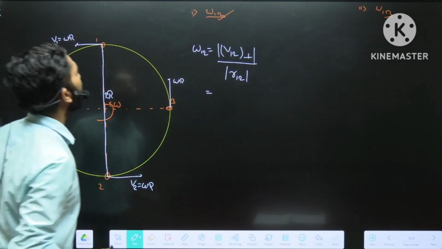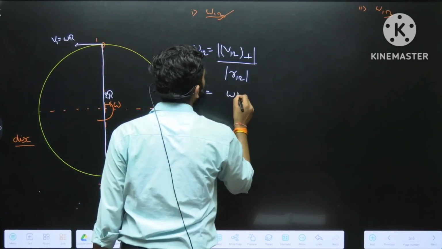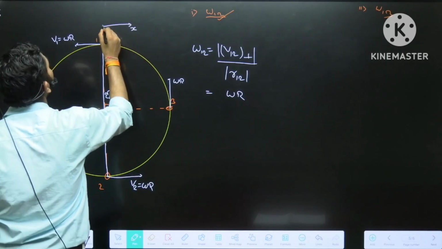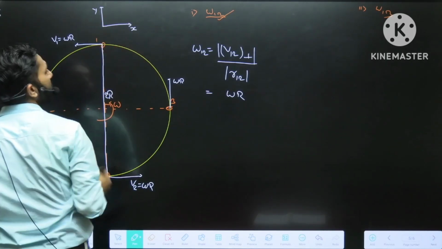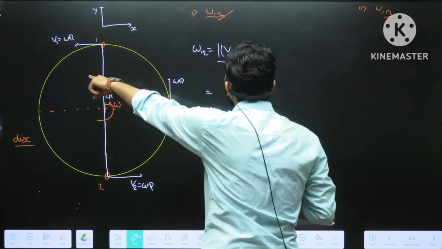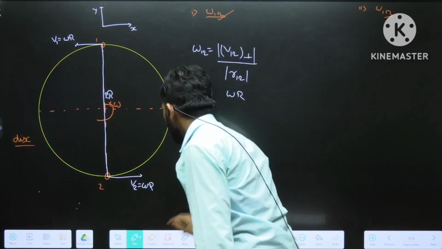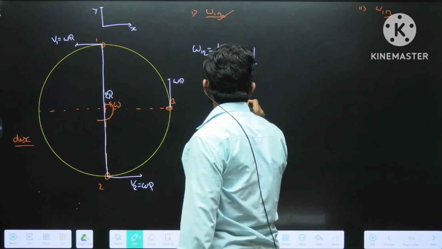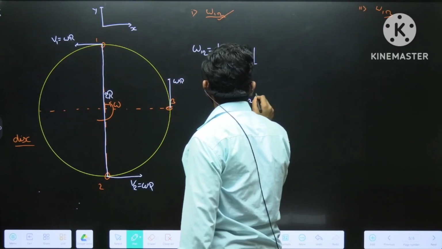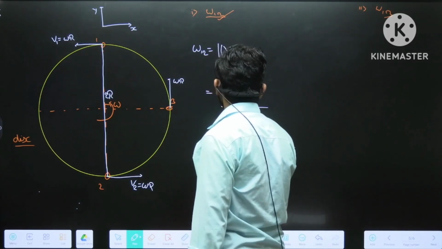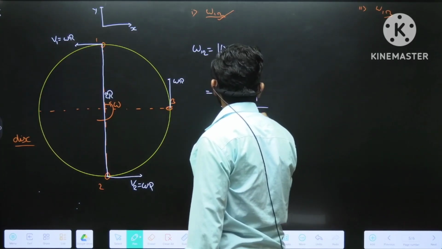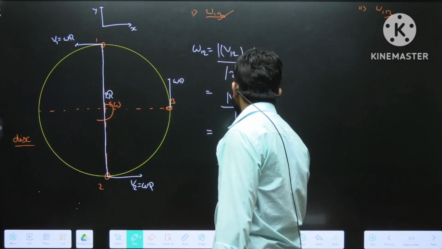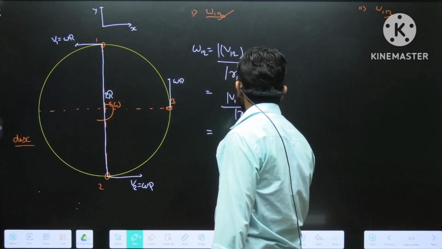The velocity of 1 with respect to 2 is omega r. If we take this one direction as the plus x axis and this one direction as the plus y axis, then the velocity of 1 with respect to 2 will be the velocity of 1 minus the velocity of 2, divided by r of 1 with respect to 2, right? From here we are getting the velocity of 1 minus omega r. What is the velocity of 2? Omega r.